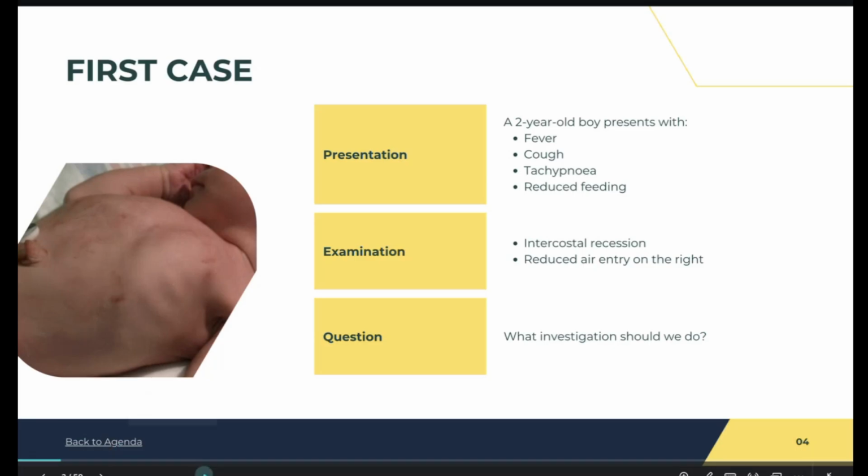He's 2 years old, and he has intercostal recessions on examination and reduced air entry on the right side. So what do you think? What investigation should we do? And what are people thinking of in terms of diagnosis? If anyone can put any ideas in the chat, that would be great.